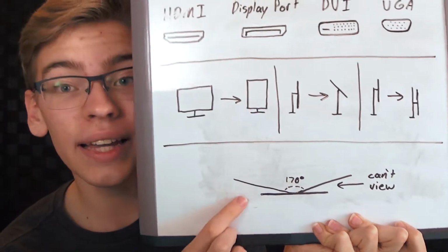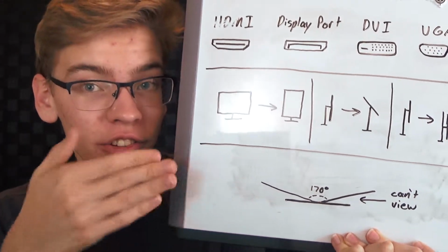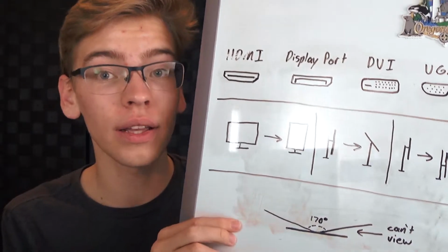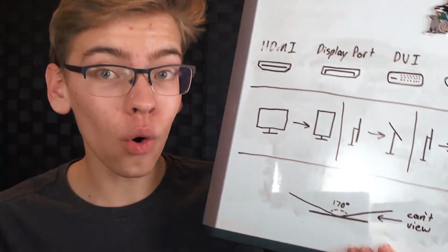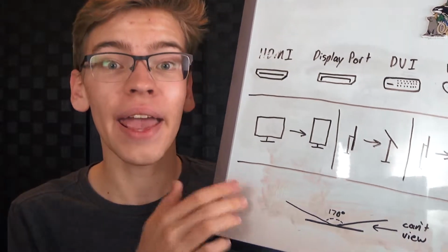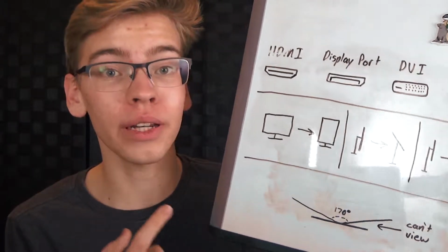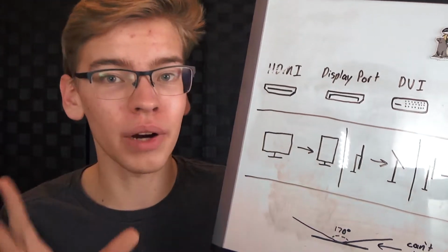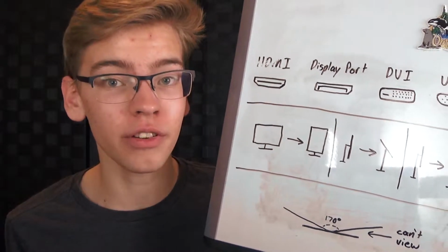And there's these tiny slivers on the sides that you can't see what's on the screen very well. The difference between older monitors and newer monitors is that newer monitors have much better viewing angles, whereas with the older ones, you could be a little bit off and all the colors and brightness and everything would be screwed up.